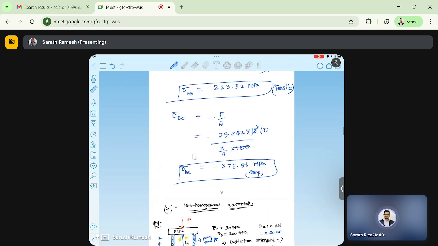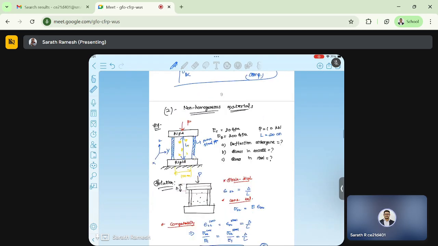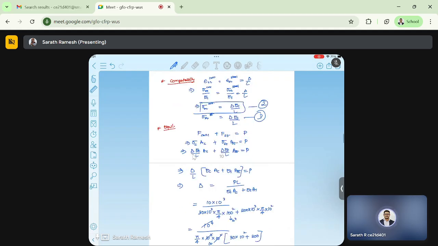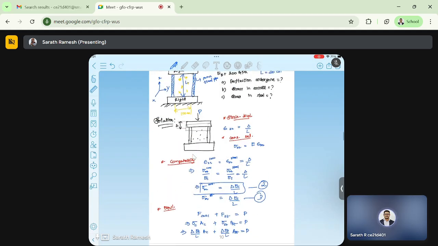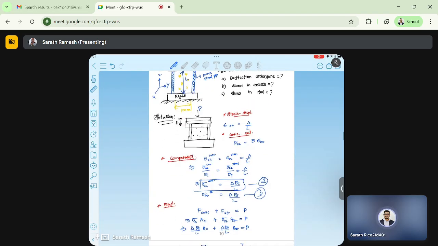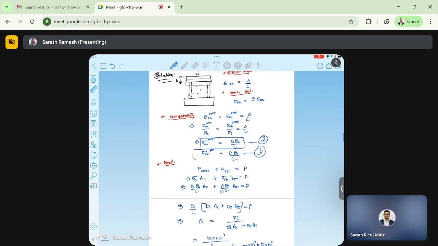Then we see that a minimum gap is needed for the stresses to come; otherwise the stress won't come. Then we saw for non-homogeneous material it is more or less the same: we have to apply each of them one by one and then solve, right? Compatibility condition is very important.